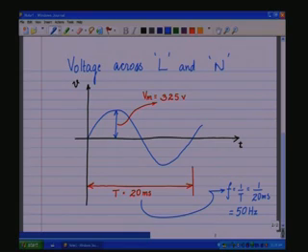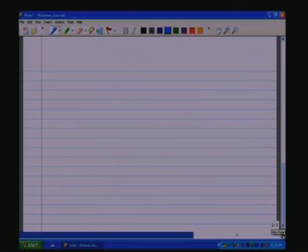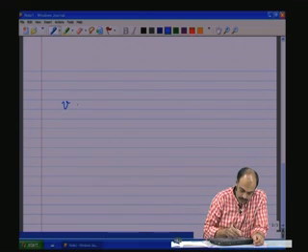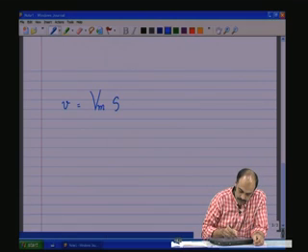So, if you want to mathematically represent this wave shape, we write it as V equals Vm sin omega t.